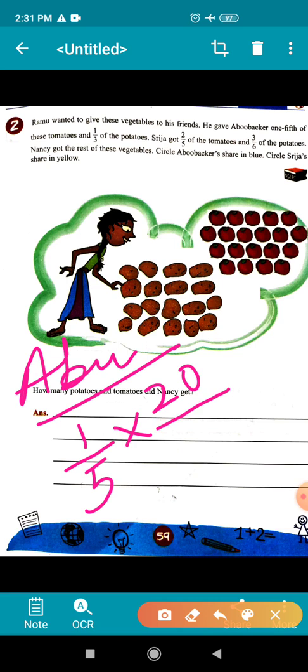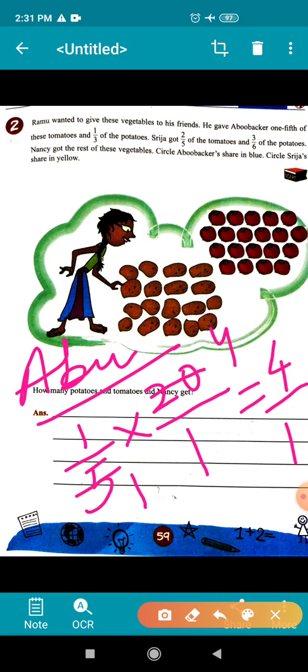So you will write like this, and after that you know how to solve it. Reduce this with 5. 5 1s are 5, 5 4s are 20. When you multiply the numerators together, you get 4, and in the denominator you get 1. It means Abu Bakr has got 4 tomatoes.